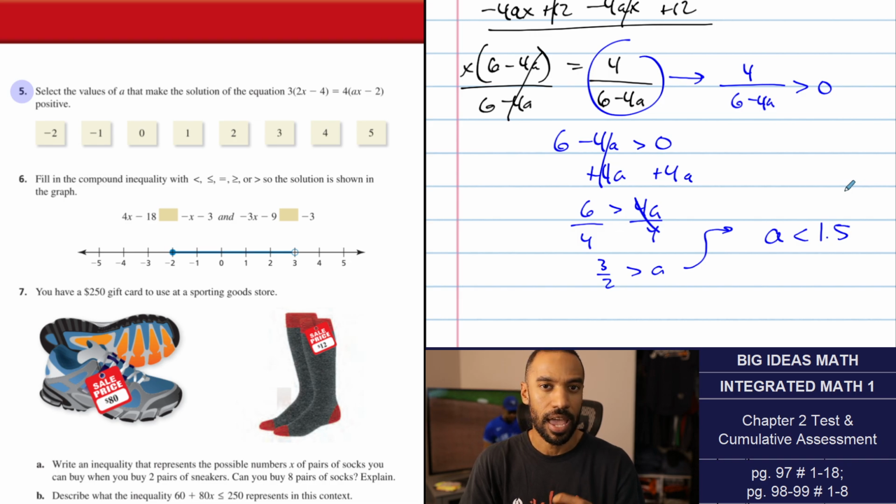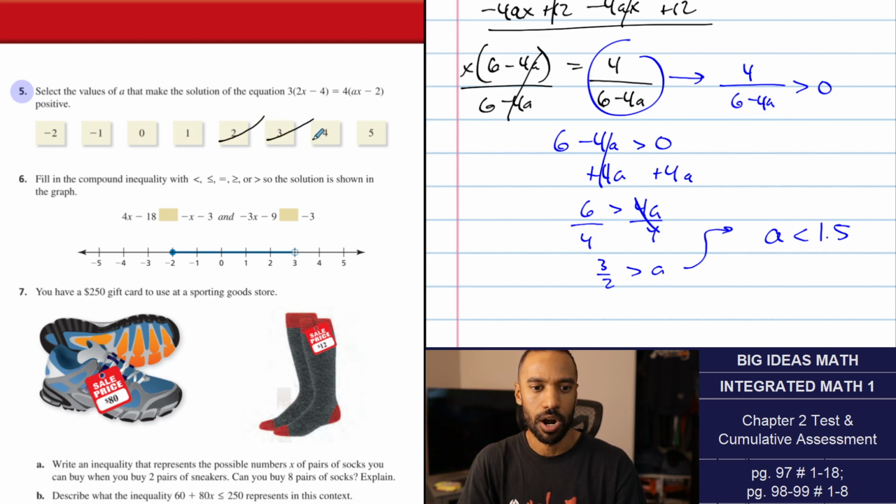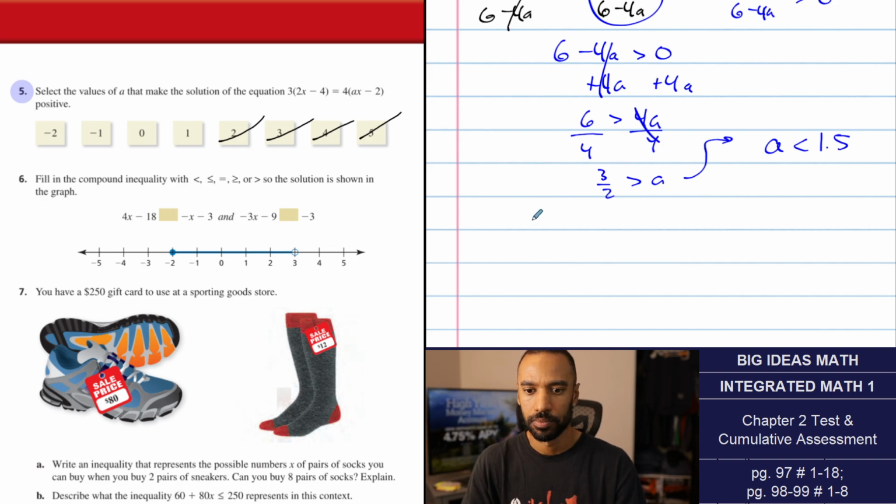You can't have that. If a is more than 1.5, it becomes a negative number. You can't have that. So which ones make it positive? Numbers that are less than 1.5. That includes these ones here. The ones that I cross out are no-goes, and these ones work out. So we can be negative 2, negative 1, 0, and 1.